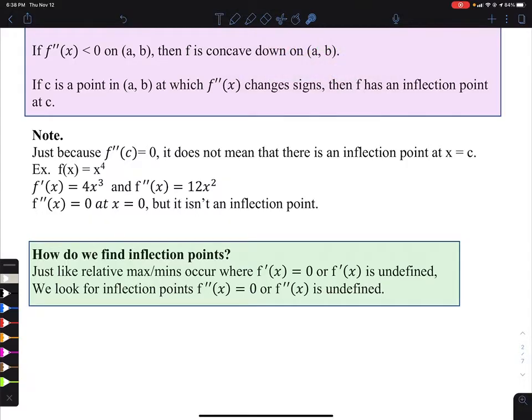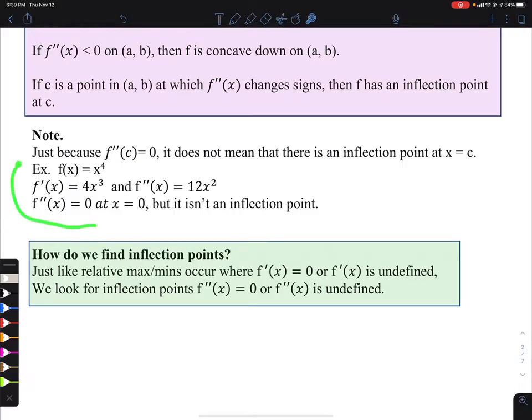For relative max and mins, they occurred when the first derivative is 0 or the first derivative is undefined. But for inflection points, they occur possibly where the second derivative is 0 or the second derivative is undefined. But just because we find one of these points doesn't mean it will be an inflection point, just like this did not guarantee a relative max or min. But it's where we're going to look. Those are the only possible points where it could happen.